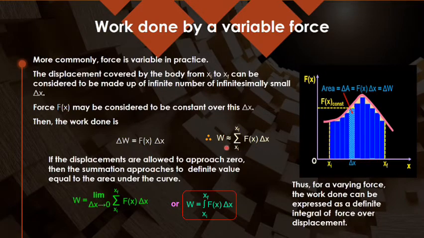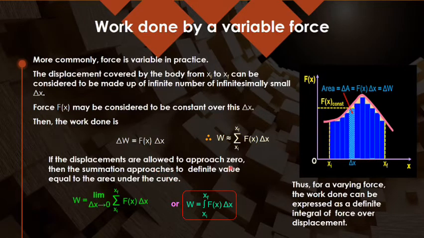I have to add up all these areas. So work done can be given by the summation of the product of the force and the displacements. Like for this I can take the force as constant, for this the force is constant. But it will become very tedious. So the best approach for questions with variable force is to use the calculus method.